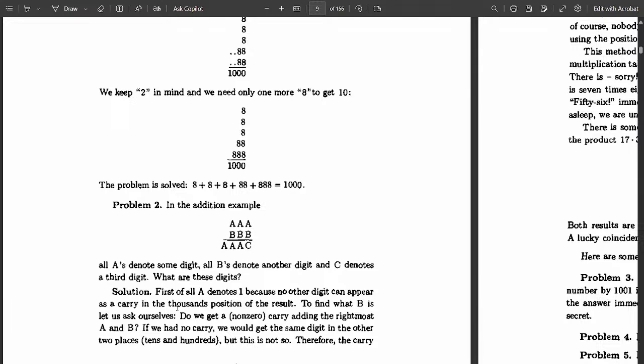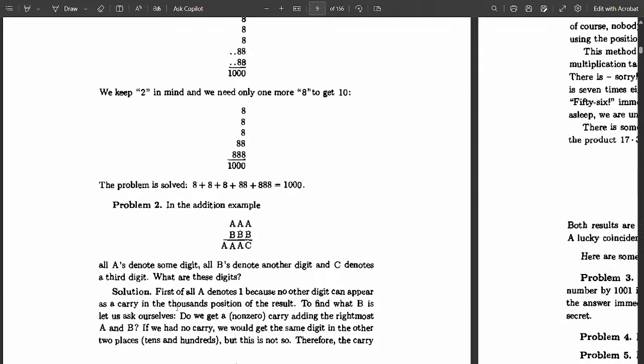I understand why it's true. We can't get a carry greater than 2. A and B have to be between 0 and 9. So even if we add 9 and 9, we are going to get 18.